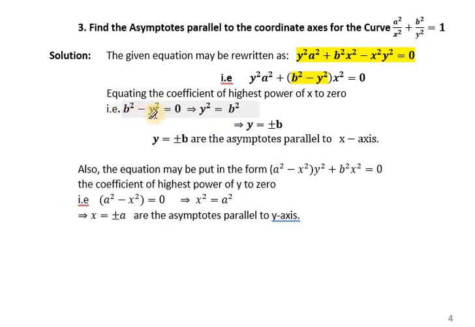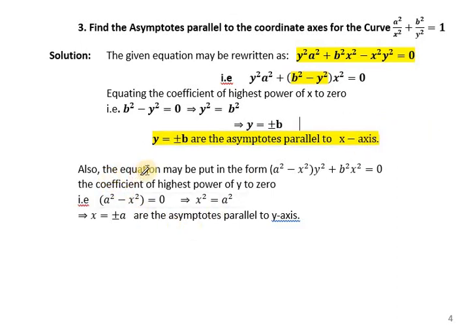So we get b square minus y square is equal to 0, which implies that y square is equal to b square. Hence further this implies that y is equal to square root of b square, that is plus or minus b. Hence we have two asymptotes, y is equal to plus b and y is equal to minus b parallel to x axis.